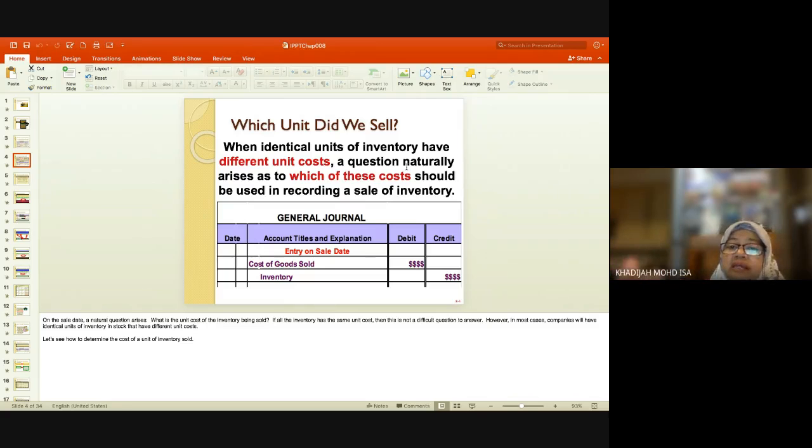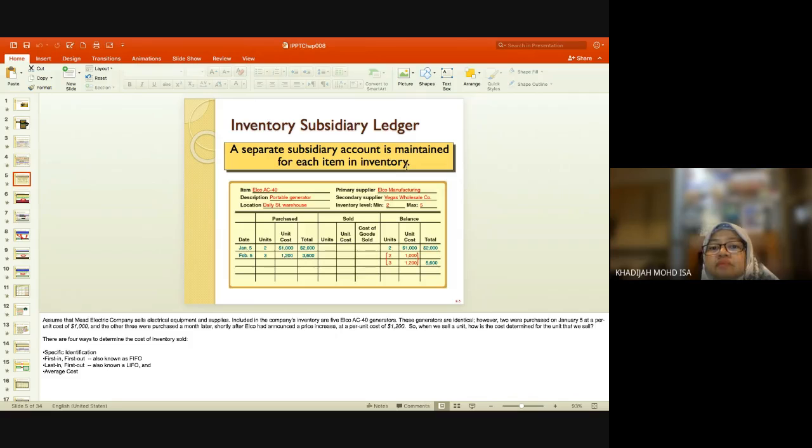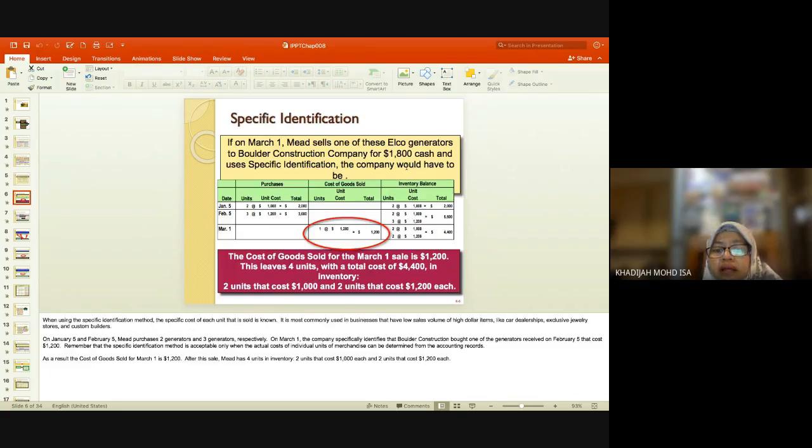So it's very important for you to monitor the inventory. In this case, for example, a specific identification.